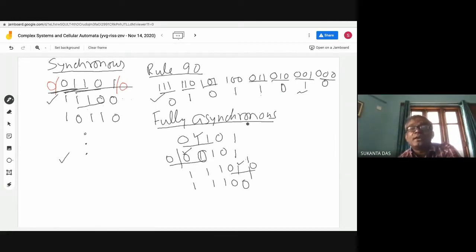What I get here is, from this configuration I move to this configuration, then I move to this configuration, then I move to this configuration, right?